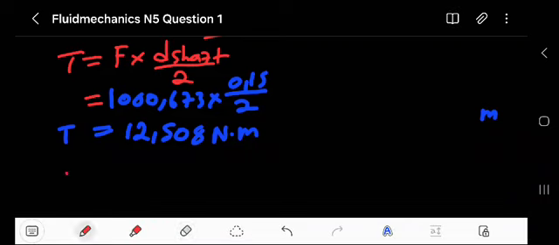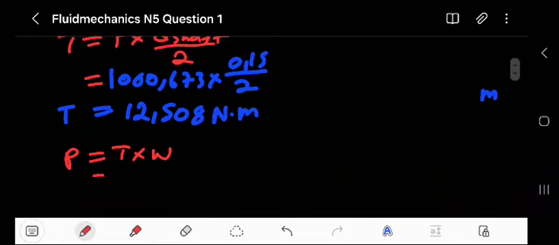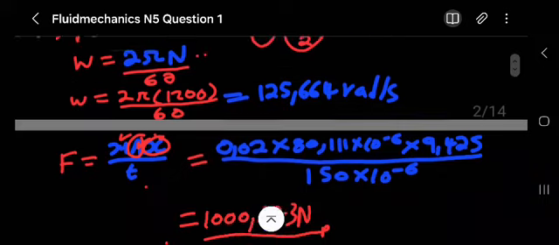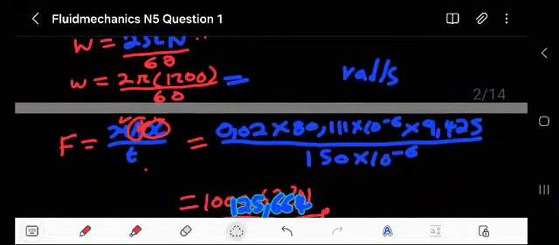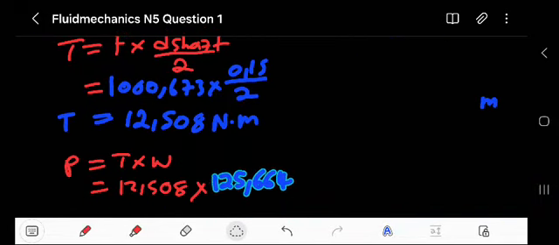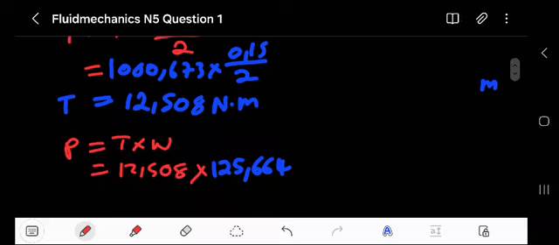We know our power is torque multiplied by the angular velocity. Now we have the torque, 12.508. The angular velocity we did calculate earlier, 125.664. Multiply with this, you can see the power.